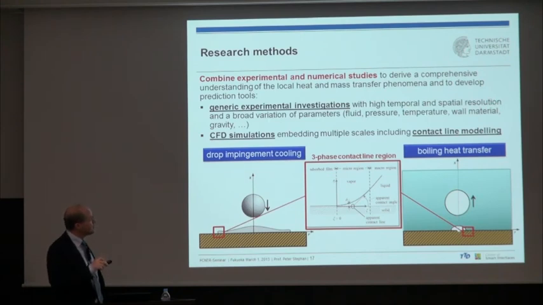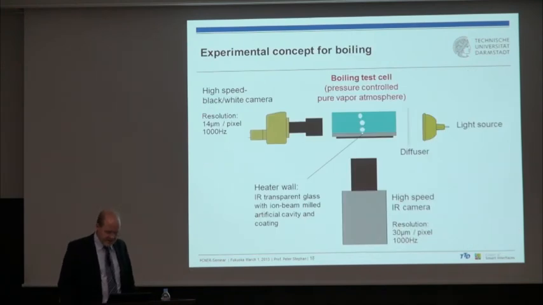So we change fluid, pressure, temperature, wall material. We also change gravity by going into parabolic flights, and in future also onto the ISS, the International Space Station. And we do CFD simulations embedded in multiple scales, the scale of the contact line and the largest macroscopic scale outside this contact line, and this is somehow combined.